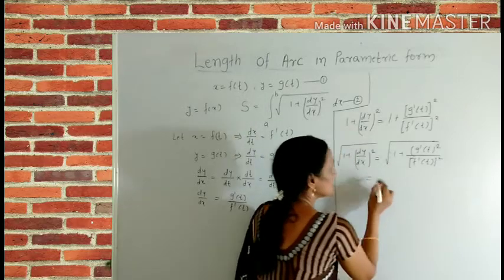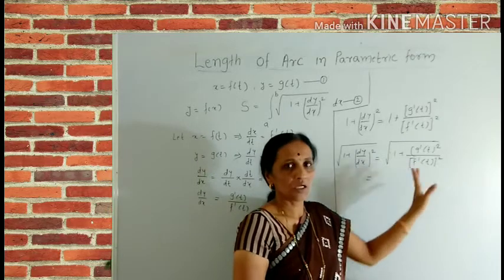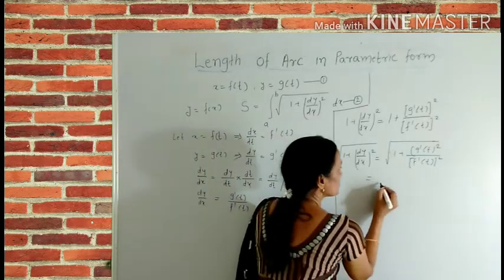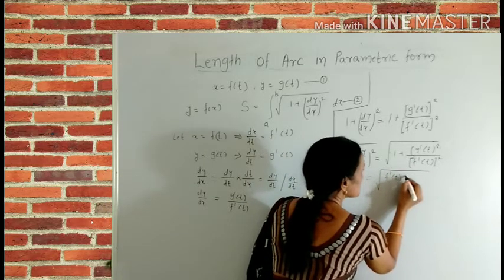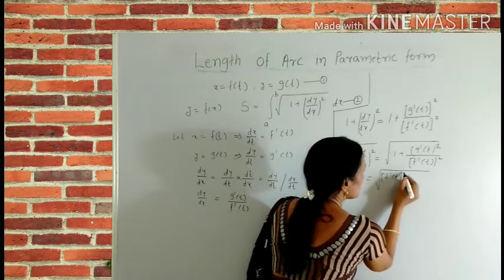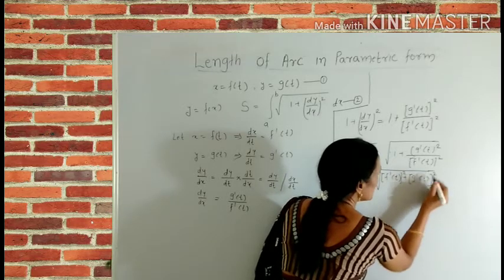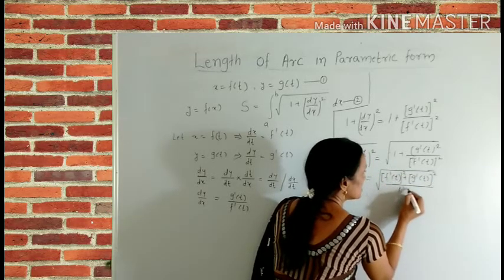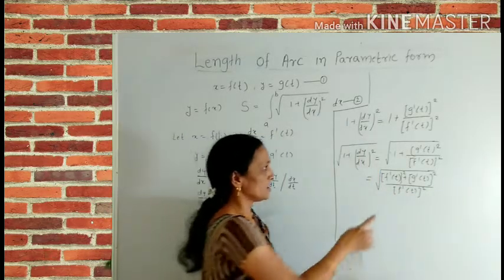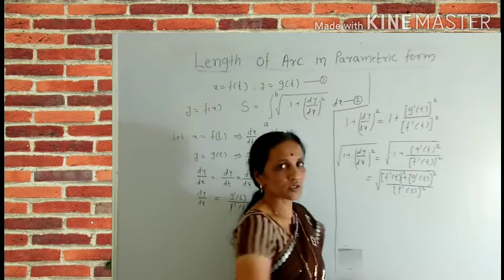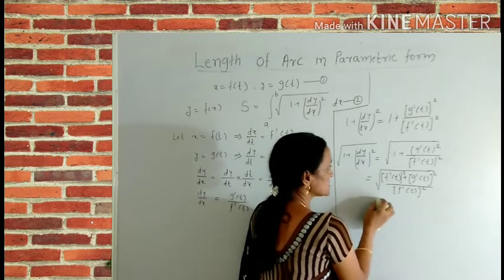Now, we write this by taking the LCM here, and the LCM is f dash t, and we get the square root of ((f dash t) squared plus (g dash t) squared) divided by (f dash t) squared. Now, here is the square root of (f dash t) squared, and we know that the square root of a square is a single term.